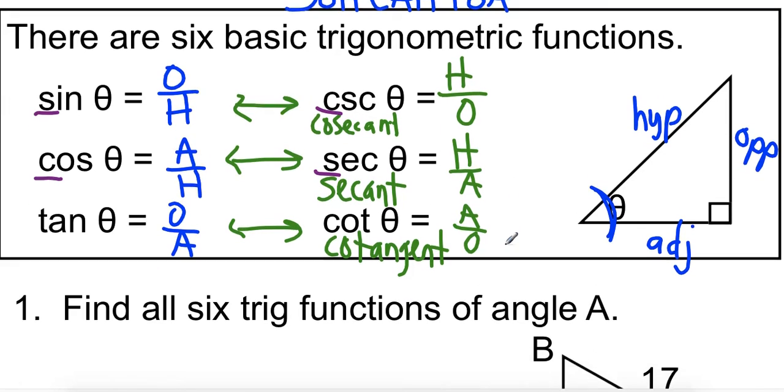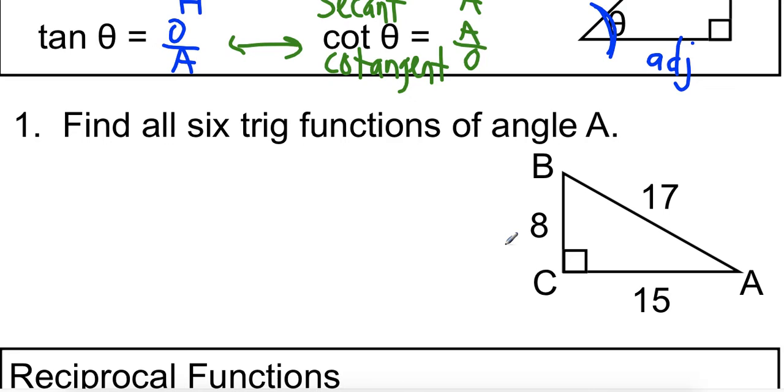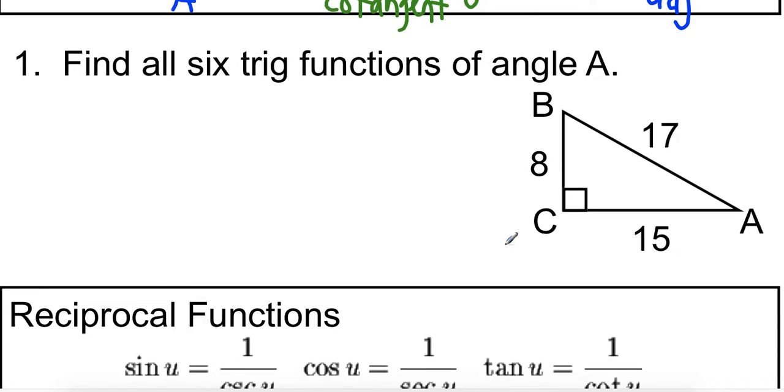So like I said, these should feel fairly familiar to you. We want to find all 6 trig functions of this angle A. Angle A is over here, and we've got all of our sides labeled. This one is opposite of angle A because it's straight across. This is the hypotenuse, so that means the 15 has to be the adjacent side.